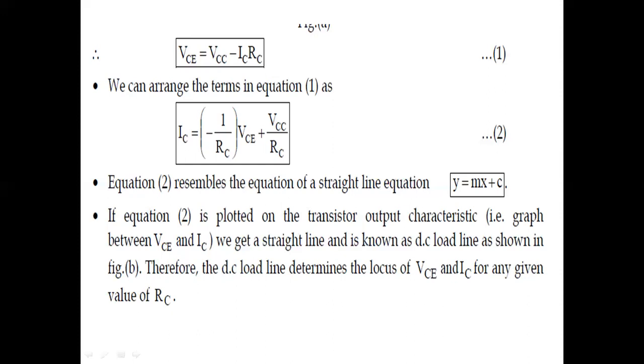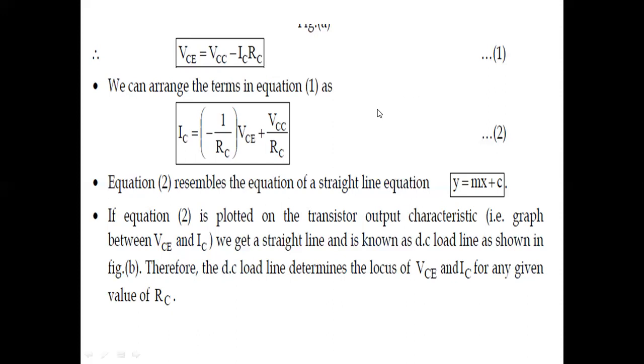If you compare this with the second equation, on the y-axis we are going to take the output current, that is collector current IC, and the slope is given as minus 1 by RC. On the x-axis we are going to take the collector to emitter voltage, which is represented as the x value.